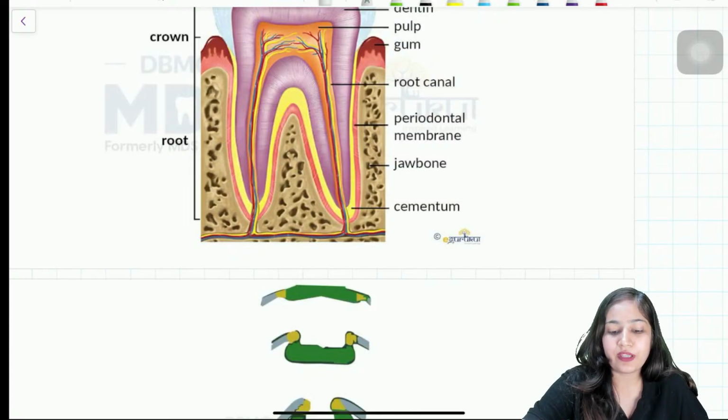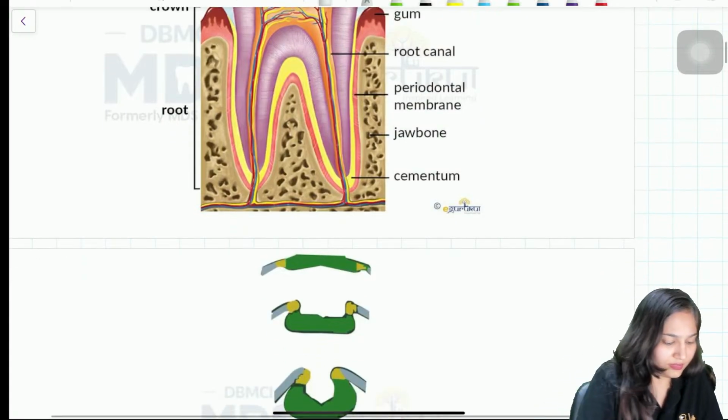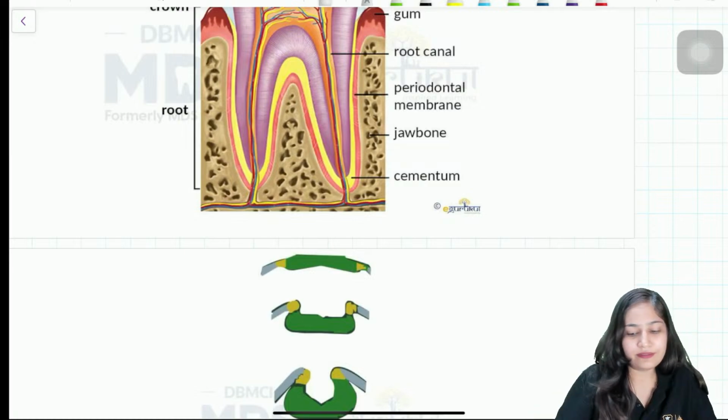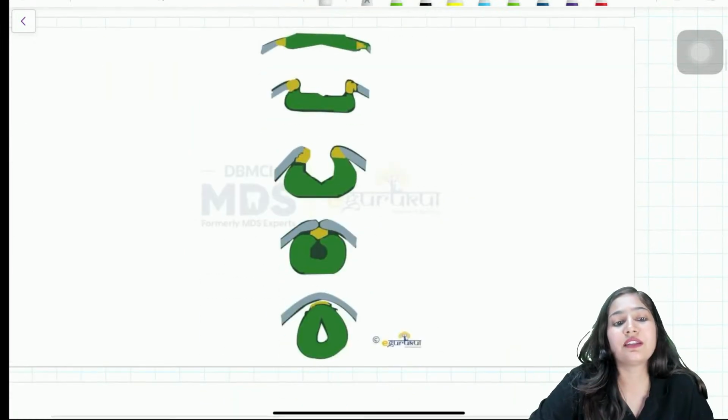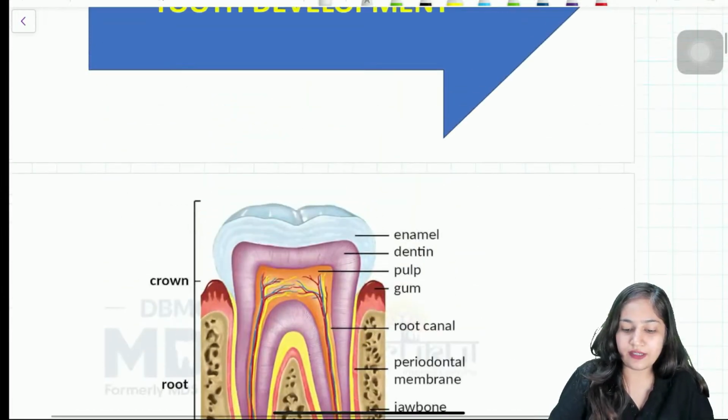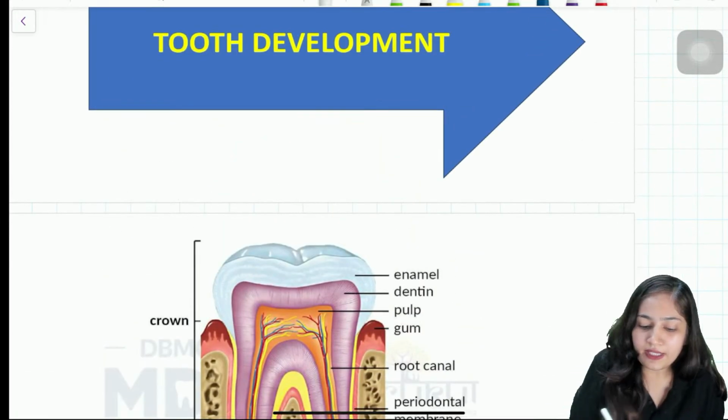Starting with tooth development. What is tooth development? Odontogenesis, right?